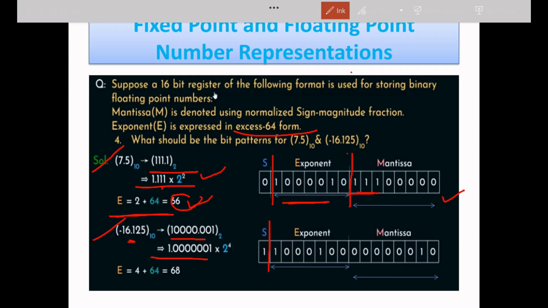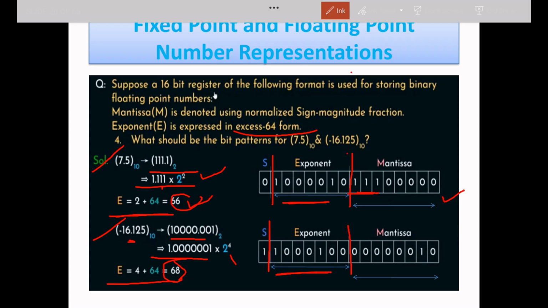So this is the implicit normalization. After the first bit I will place the fixed point. So my exponent is 2 to the power 4. So what I will write: exponent is equal to 4 plus bias. Bias is 64. 4 plus 64 is equal to 68. My value is 68. So in the exponent part I will convert to the binary number and write the binary number here, 68.